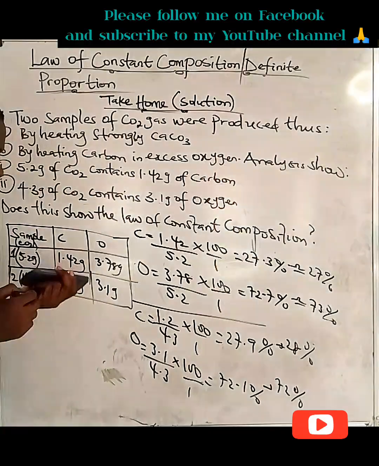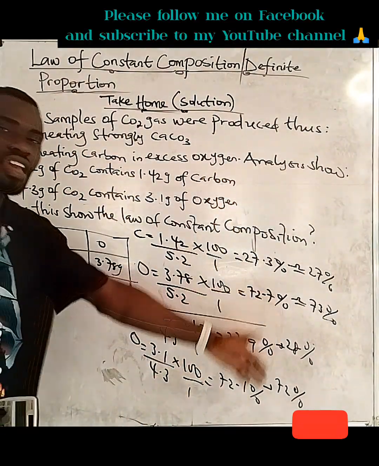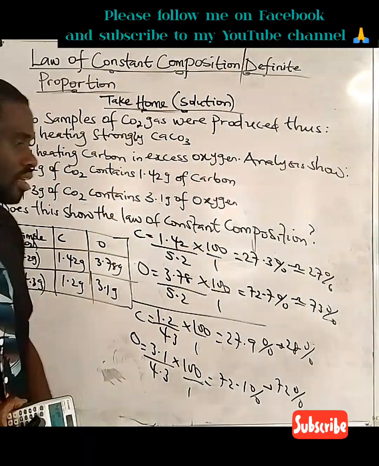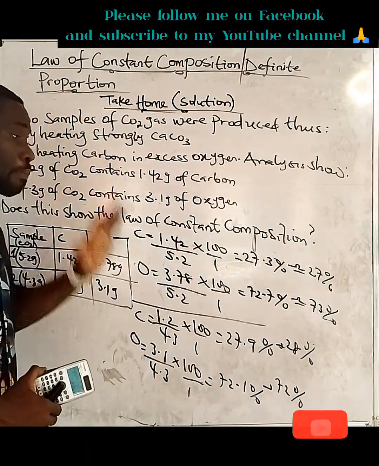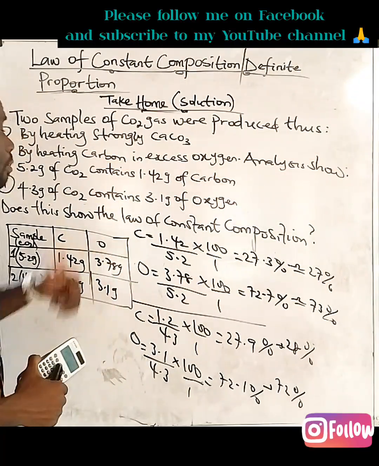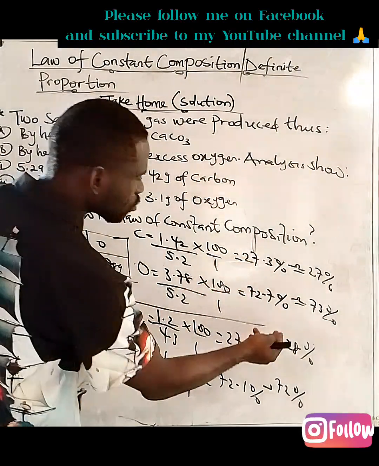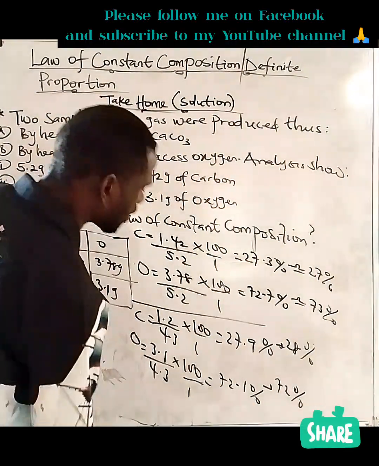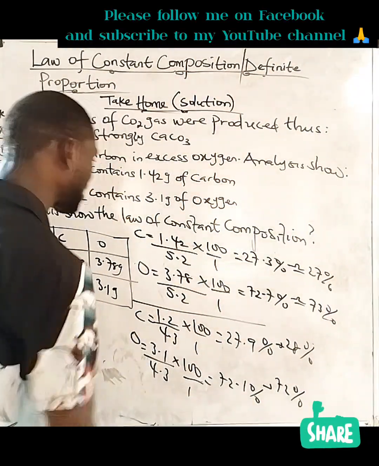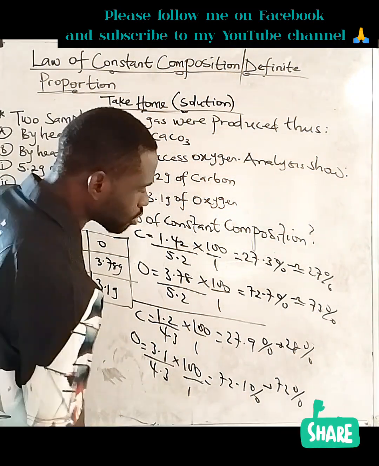So we can say these two samples contain the same amount of carbon and oxygen, regardless of the fact that the differences are just marginal. That means they are both pure samples of carbon dioxide. That's what it shows. In the first sample, we have about 27% carbon and 73% oxygen. In the second, 28%, barely 27.9%, carbon, and oxygen 72.1%, about 72%.